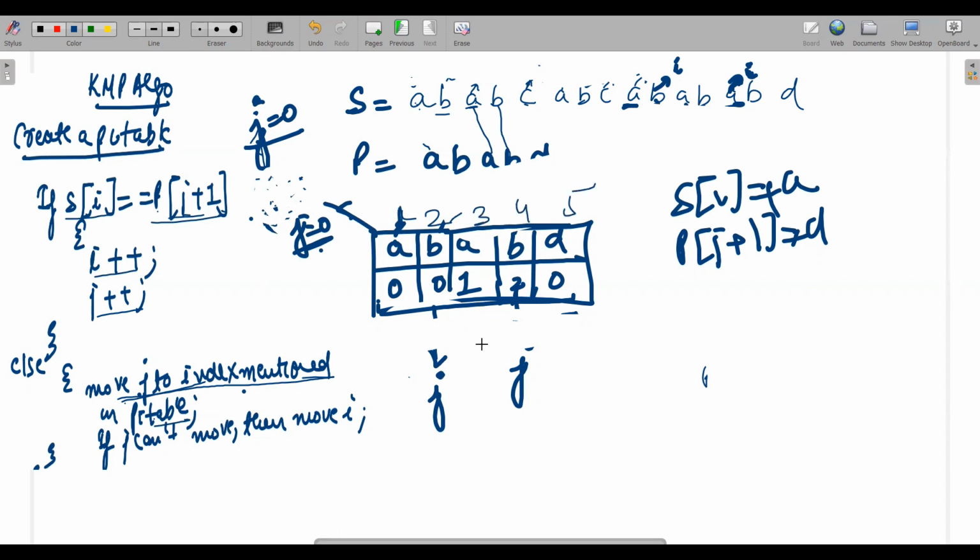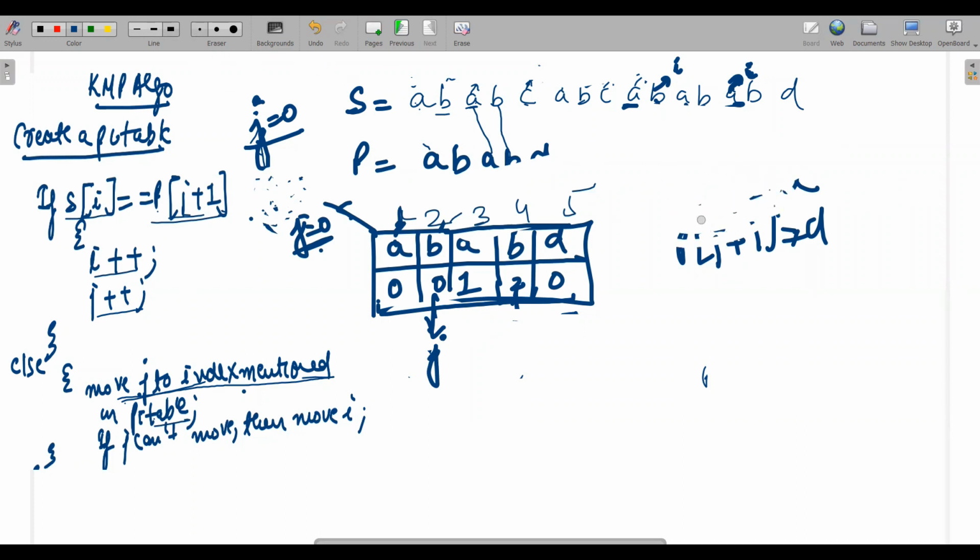Now since the j value did not match, by default j should point to the index mentioned in the pi table. So the index mentioned was 2. Now j has pointed over here, right? Fine. Then again, in this case, we have to check the values again, whether there is a match or no match.